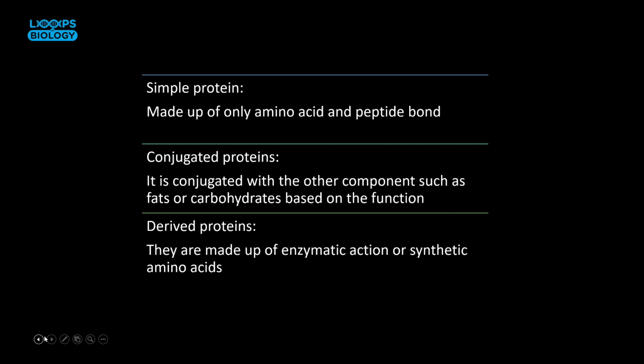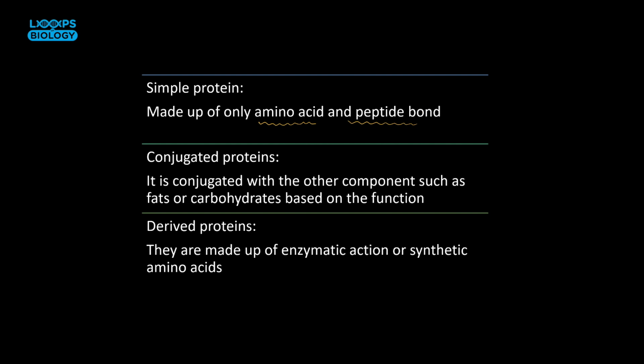If I'm talking about the types of protein, there are 3 basic types: simple proteins, conjugated proteins and derived proteins. Simple proteins are just made up of amino acids and peptide bonds. The structure can be any of those 5 structures.